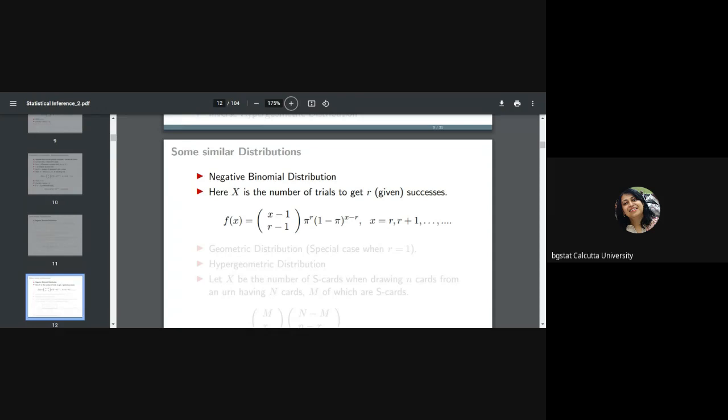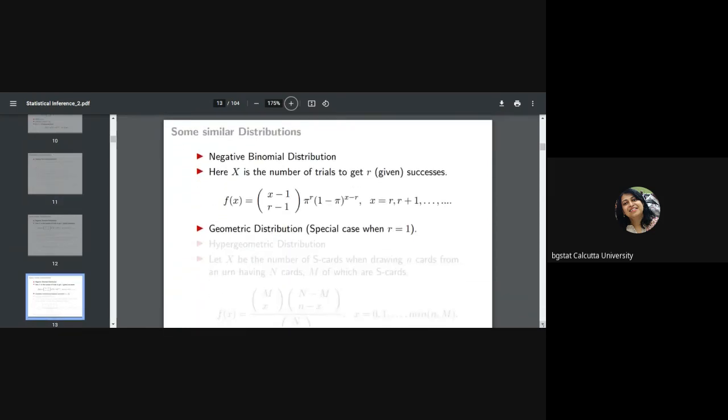A special case of the binomial distribution was the Bernoulli distribution. The Bernoulli distribution occurs when we only repeat the experiment once. Similarly, we also have a special case of the negative binomial distribution, which occurs when we are looking at the number of trials required to get the first success. So my small r is equal to 1.